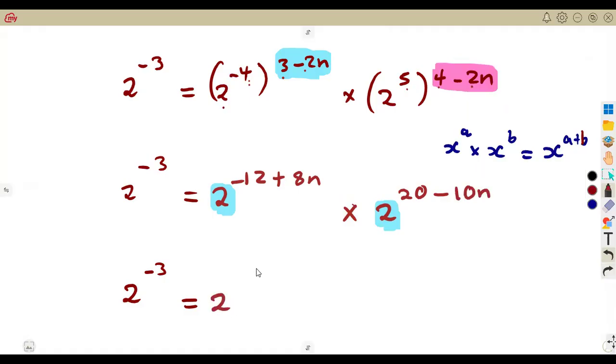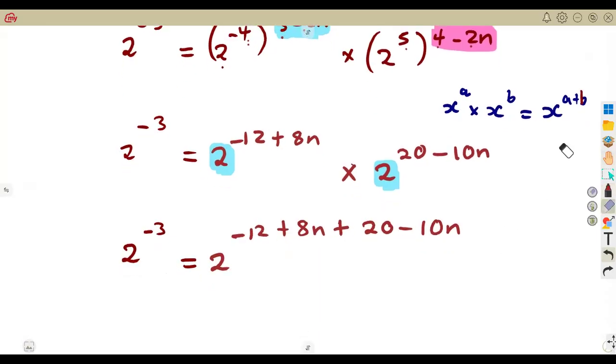So it is going to be 2 to the exponent of, we take this one as it is, minus 12 plus 8n. You add this one as it is. So that's plus 20 minus 10n. You have combined these two.